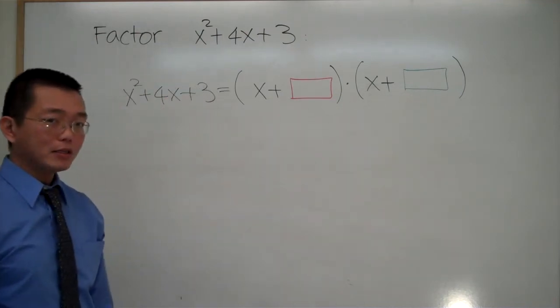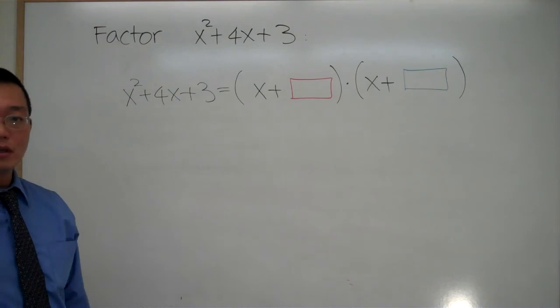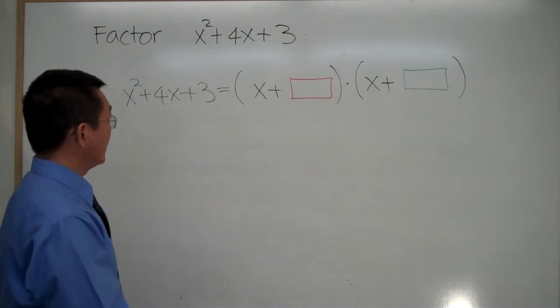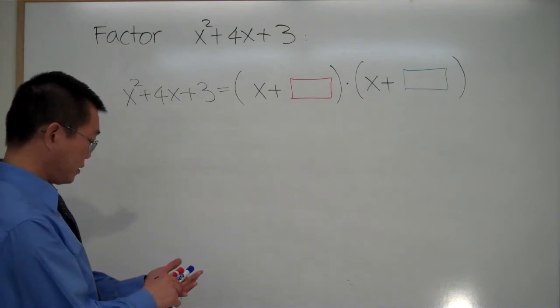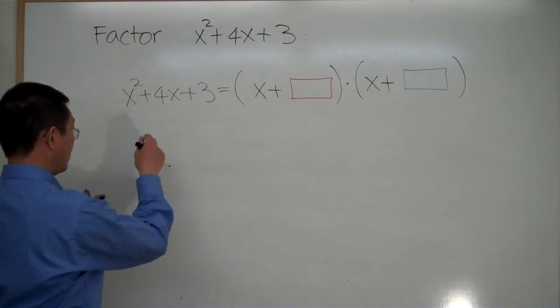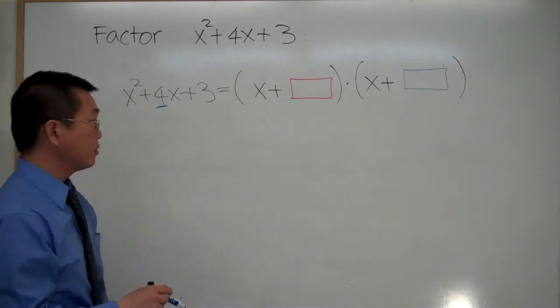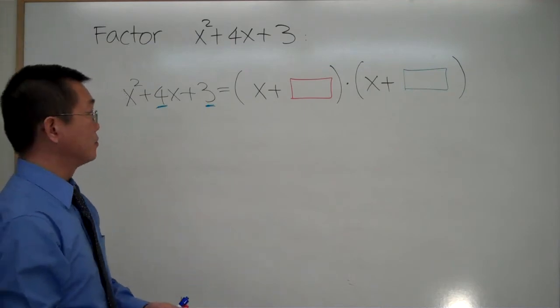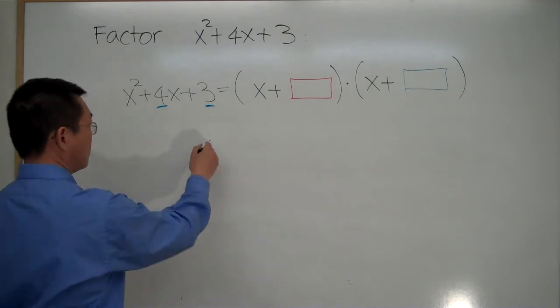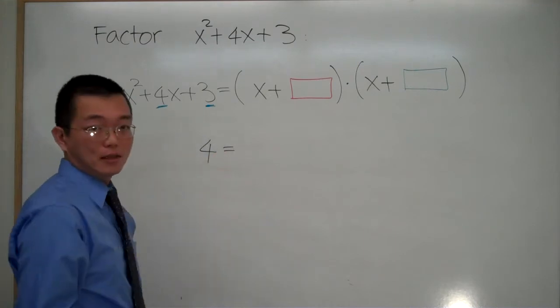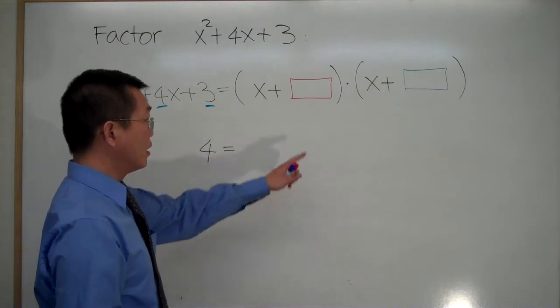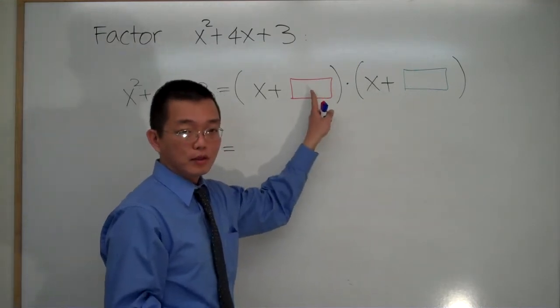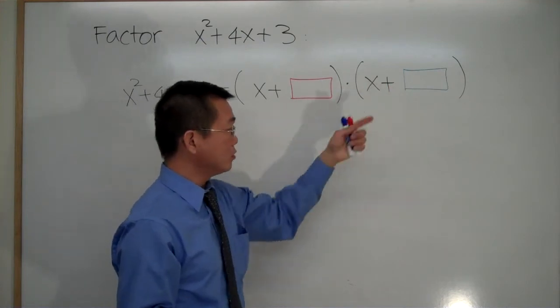Now we have some clues according to the examples we did earlier. This 4 is a special number, and this 3 is a special number, in a way that this 4 really is the sum of the two numbers in those boxes.